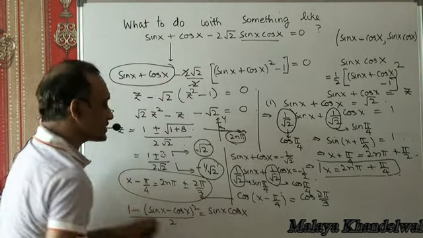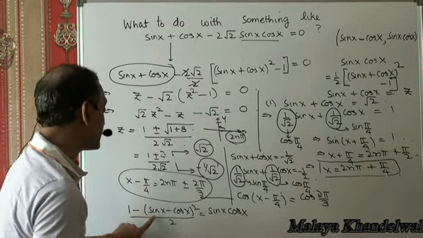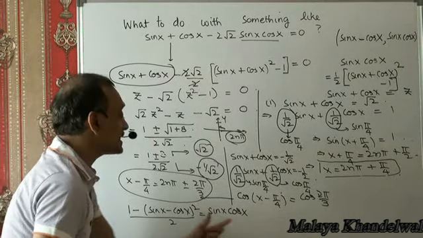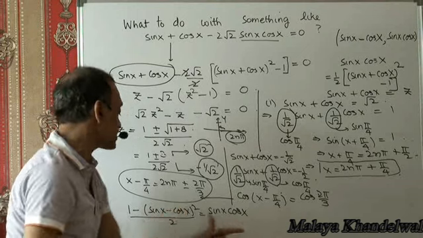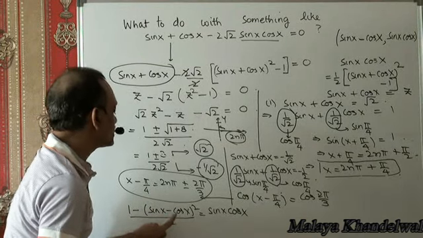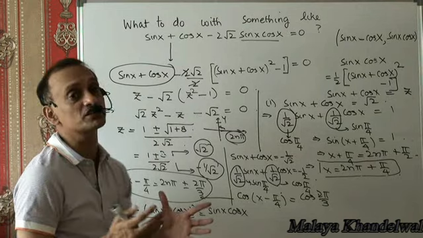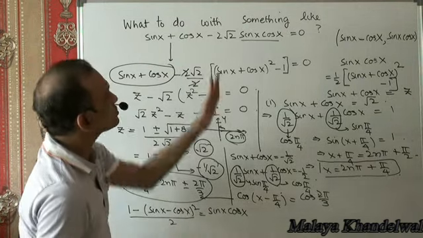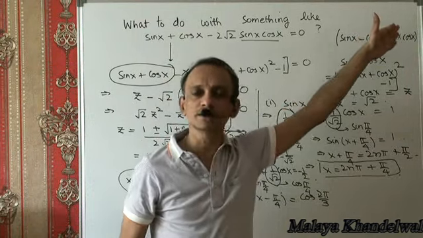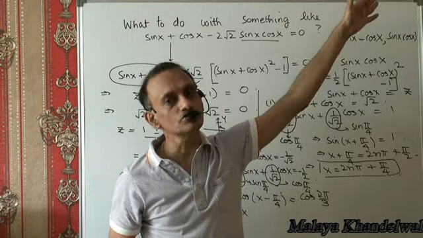So when you encounter sin x cos x in an expression along with sin x minus cos x, that sin x cos x could have been written as 1 minus sin x minus cos x whole squared by 2, and the whole thing could have been written as a function of sin x minus cos x. So this is another very common variant in our journey into trigonometric equations.